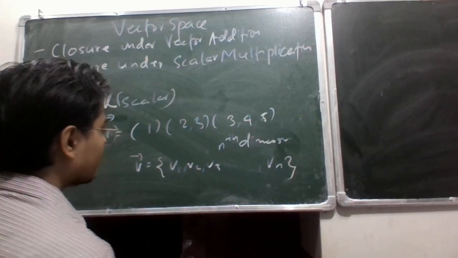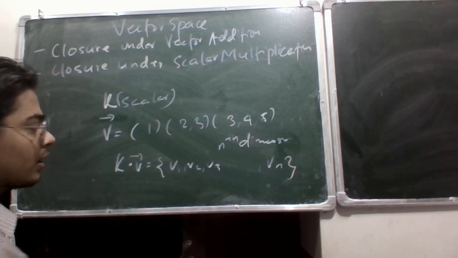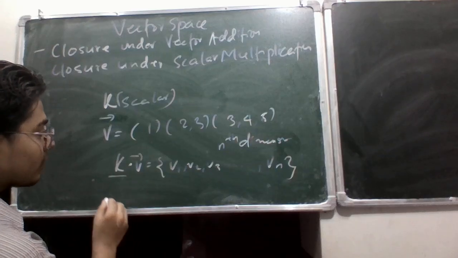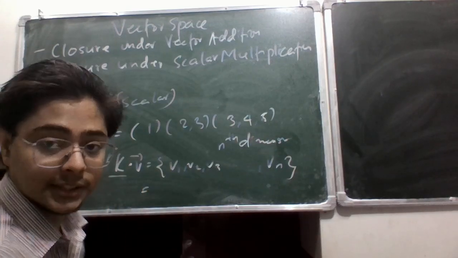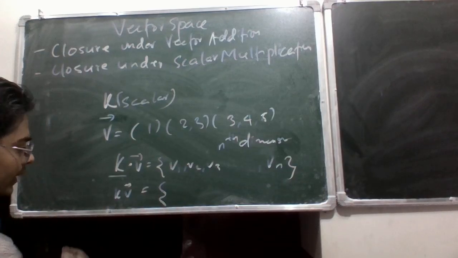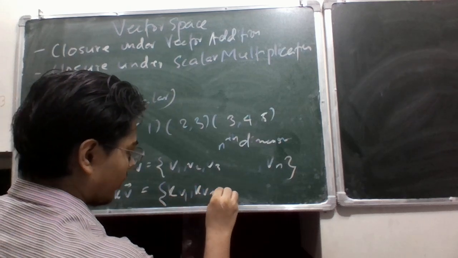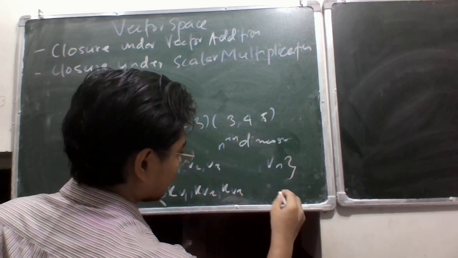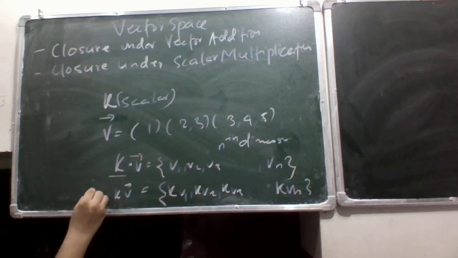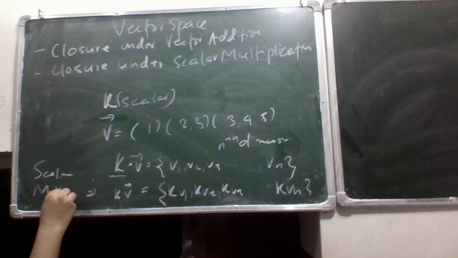What do you think would be the result if we multiply it with a scalar k? It is obvious k is a scalar, so it will multiply each of these components, and the resulting k times v would be k v1, k v2, k v3, and so on up to k vn. So this is the property of scalar multiplication.